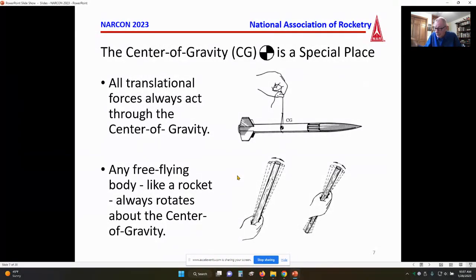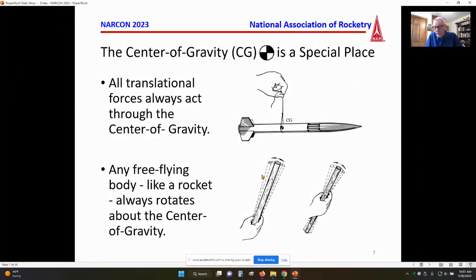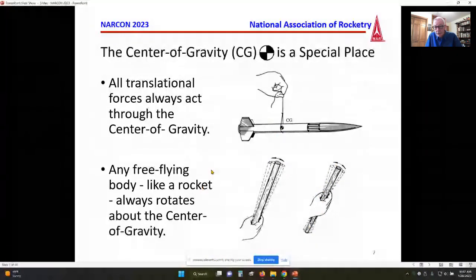If you shake it at the center of gravity, it's going to turn fairly easily. But if you try to shake it from one end or the other, you'll notice very quickly that it doesn't rotate as easily, because you're not equally distributing the mass around the rotation point, which is the center of gravity.